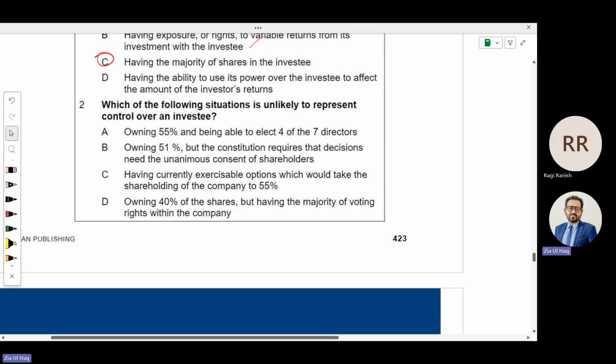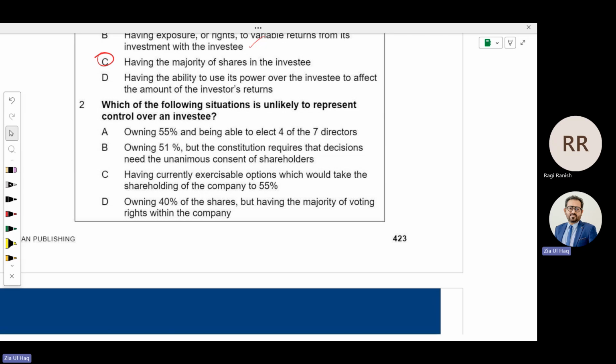Number two, which of the following situations is unlikely to represent control over an investee? Owning 55%, meaning more than 50% holding, and being able to elect 4 of the 7 directors. Yes, because you are having majority voting, you can elect all 7 directors through voting.